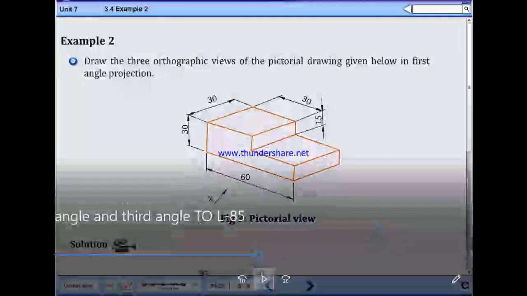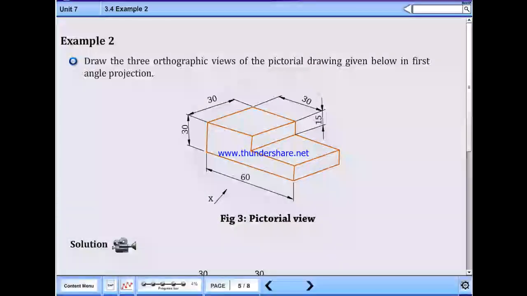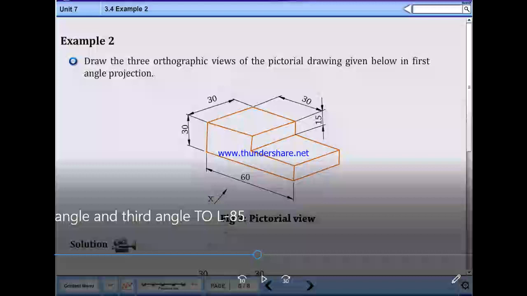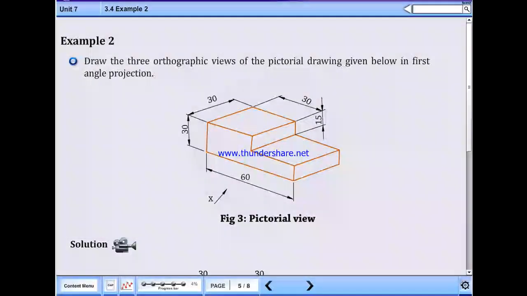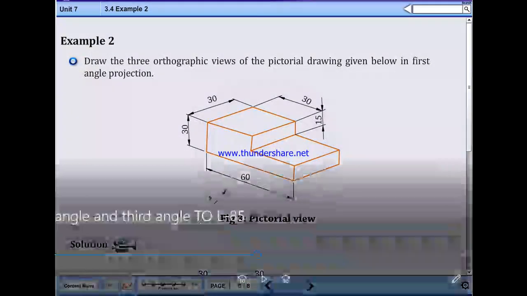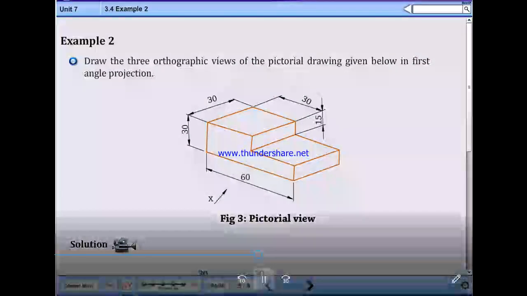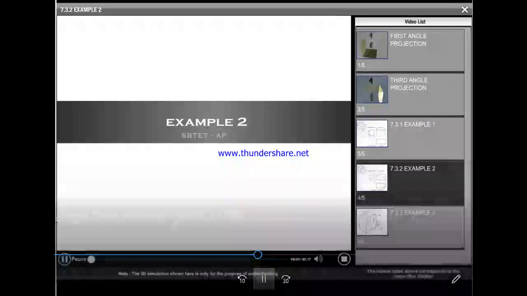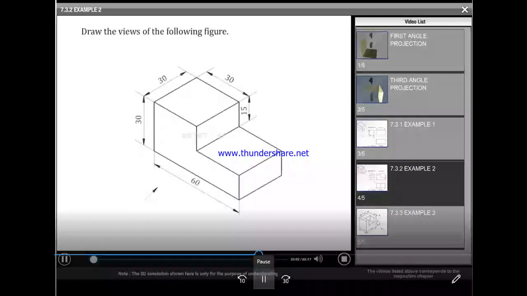Now example 2. Note down the question. Draw the three orthographic views of the pictorial drawing given below in first angle projection. Pictorial view. Note down the figure with all dimensions. In this, we have to draw the three orthographic views of an object for which the pictorial view is available.